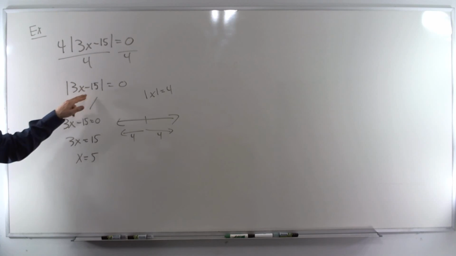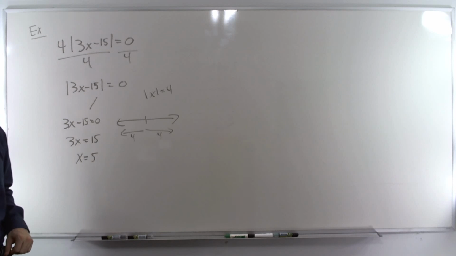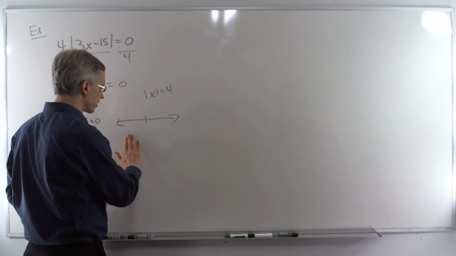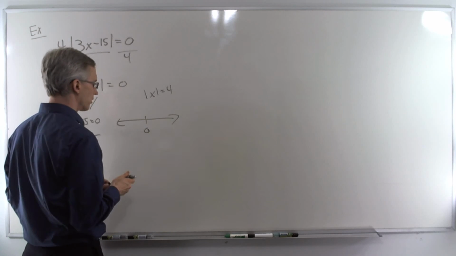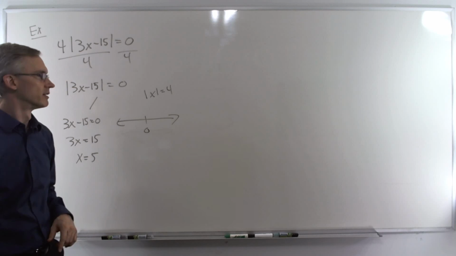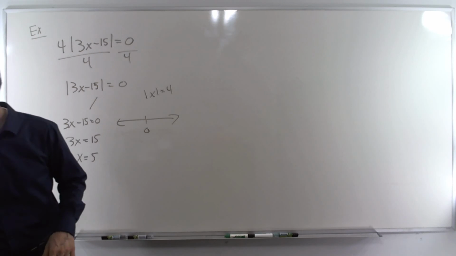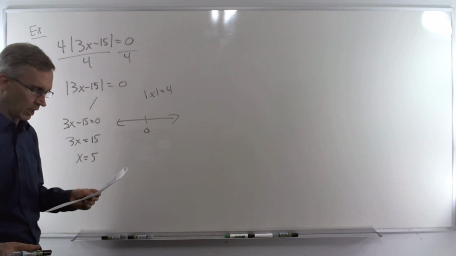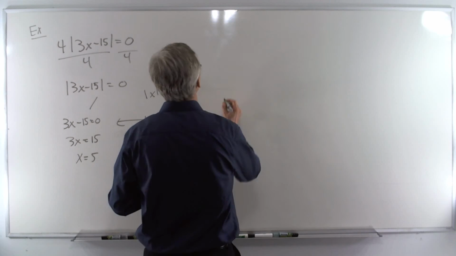But in this case, the absolute value equals 0. So we're talking about all the points that are 0 away from 0 on the number line. Well, there's only one point that's 0 away from 0, and that's 0. So that's why there's only one solution. Your turn, number 7.